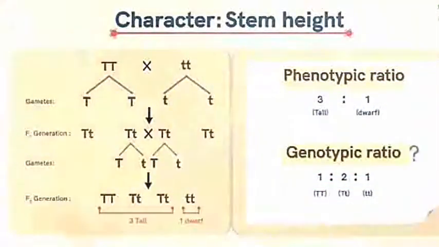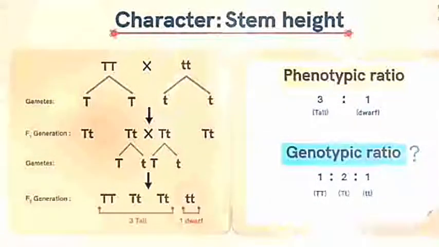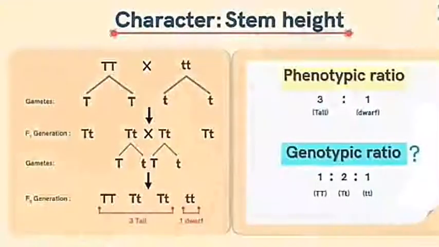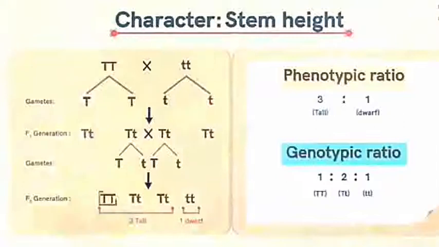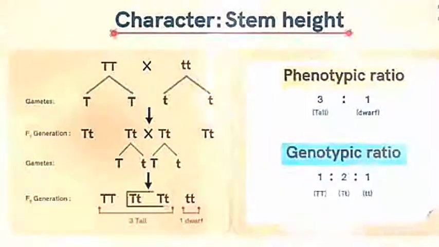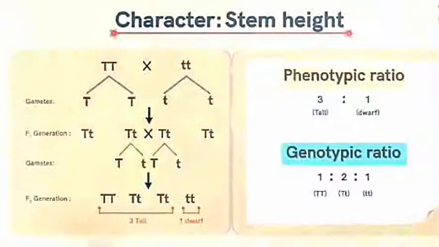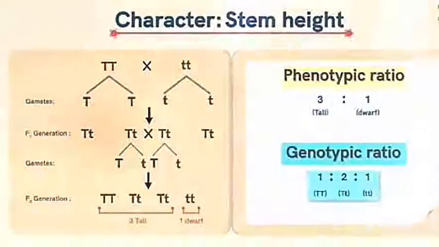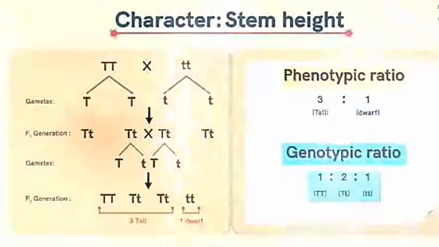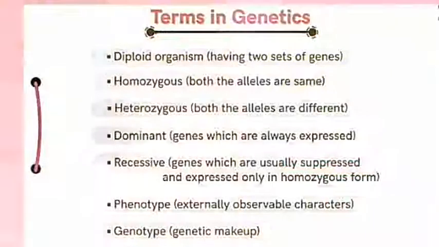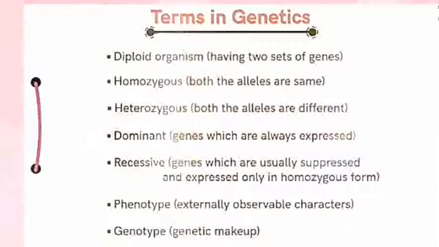Back to our illustration of stem height. The genotypic ratio is 1:2:1. That is 1 homozygous tall, 2 heterozygous tall, and 1 homozygous dwarf. While the phenotypic ratio is 3:1, that is 3 tall and 1 dwarf. So in summary, a diploid organism is an organism having two sets of genes.